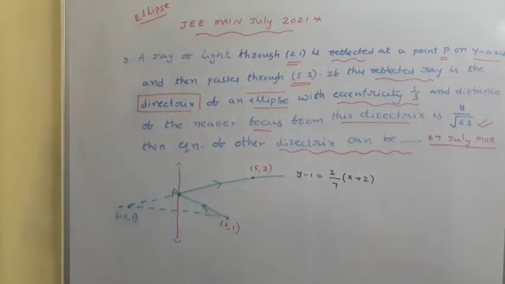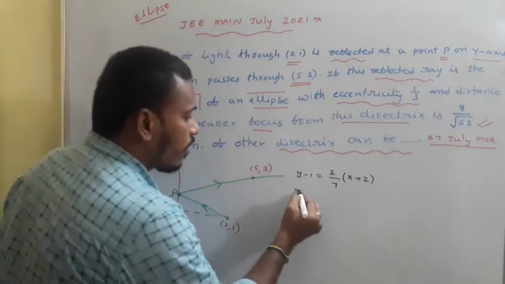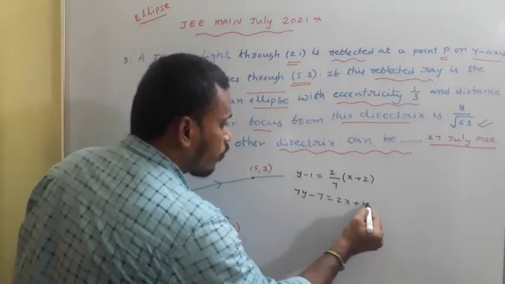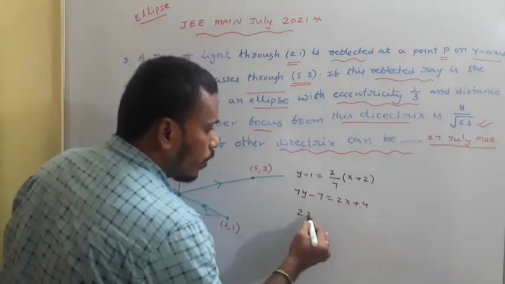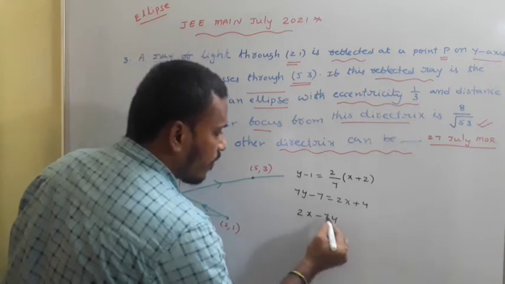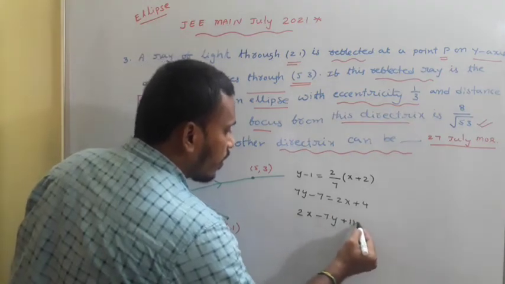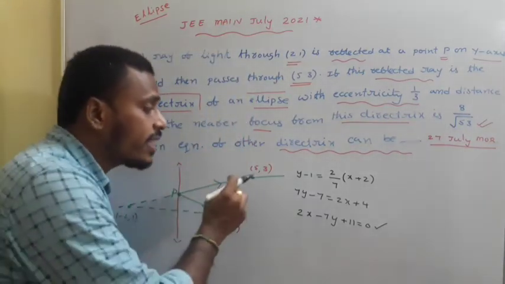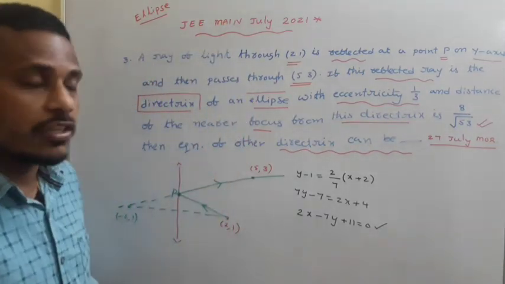So you just try to calculate this. So what is it? 7y minus 7 is equal to 2x plus 4. So 2x minus 7y plus 11 is equal to 0. So finally the reflected ray is this: 2x minus 7y plus 11 is equal to 0.